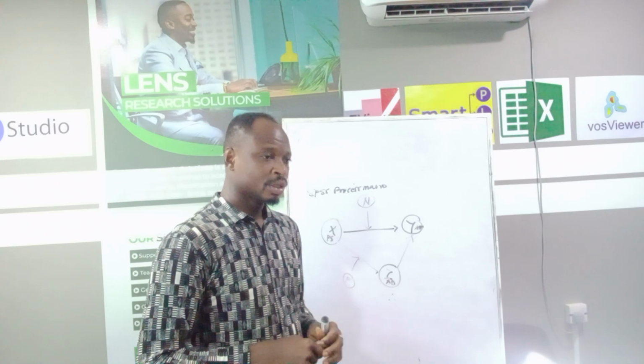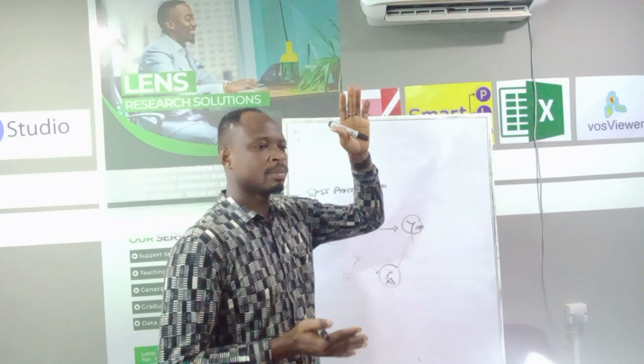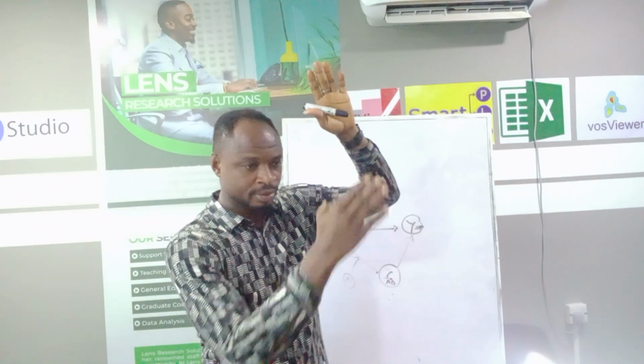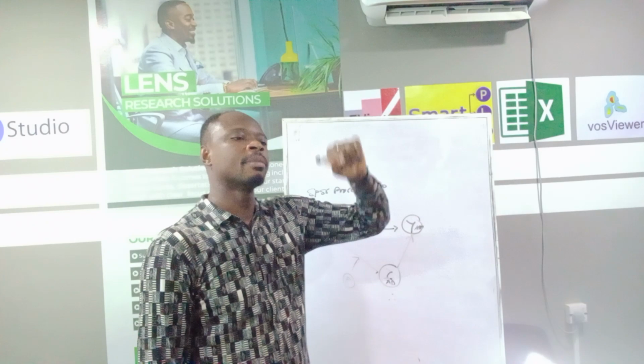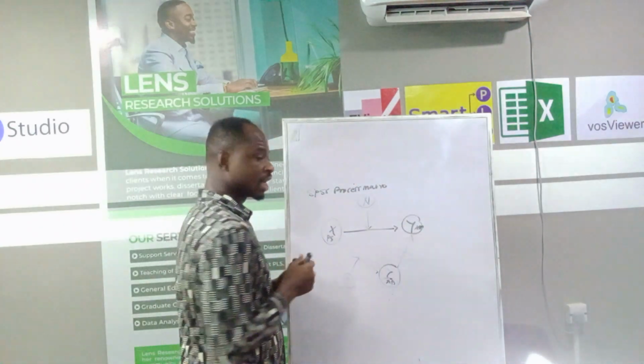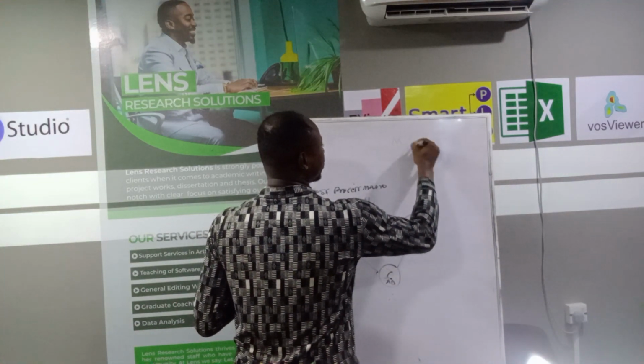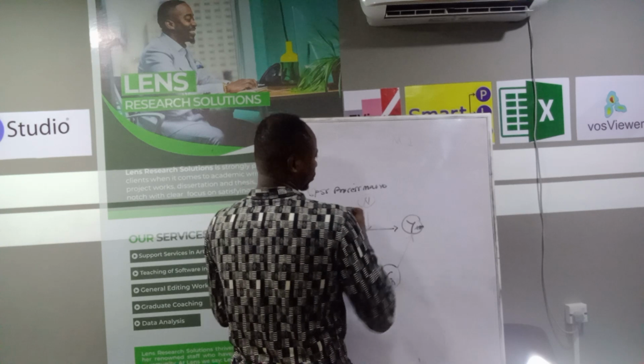You understand? So in the SPSS process macro, we have a lot of model numbers. So you have to ask yourself, model number one, what does it look like? Assuming that when you talk about model one, maybe it looks like this.